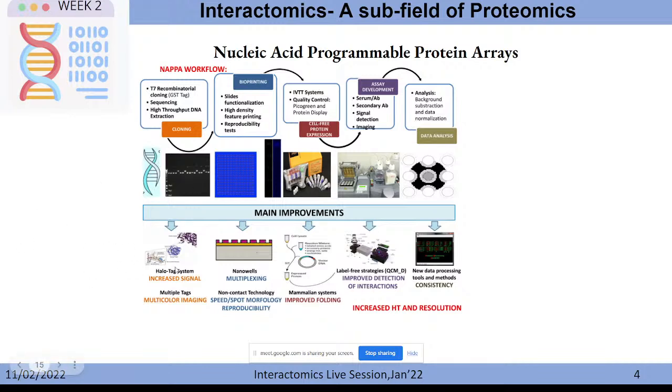Now comes the major improvement, where you can see the HaloTag system, or multiple tags on nanowells, or better spot morphology and reproducibility, then mammalian expression systems giving cell lysate, then in vitro IVT, in vitro transcription translation, then improved folding, label-free strategies, improved detection of interactions, new data processing tools, and method consistency.